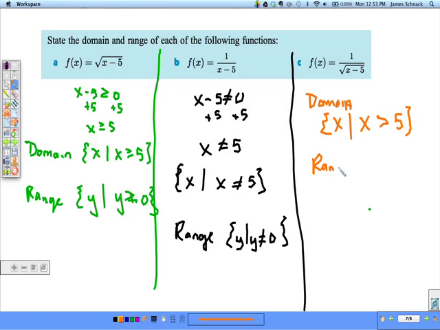The range. Similar idea. This one says that it's a set of all y's such that y is greater than or equal to 0. 0 and bigger. But then this one says as soon as it's going in the bottom, we can't have 0 there. So our range is a set of all y's such that y is greater than 0.